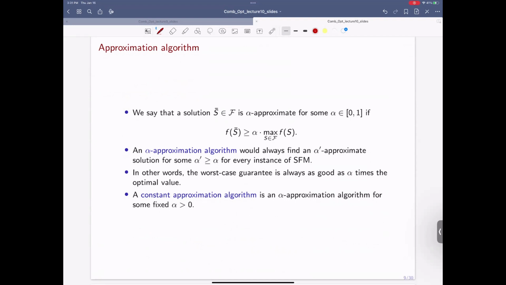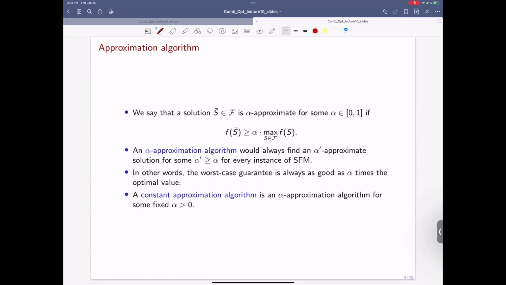And you say that your algorithm is an alpha approximation algorithm if it guarantees at least an alpha approximate solution for every instance of the problem. And we say there's a constant approximation algorithm if there exists some global constant that doesn't depend on your problem instances.